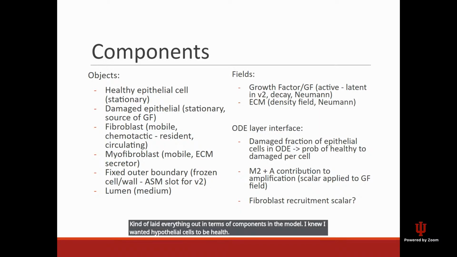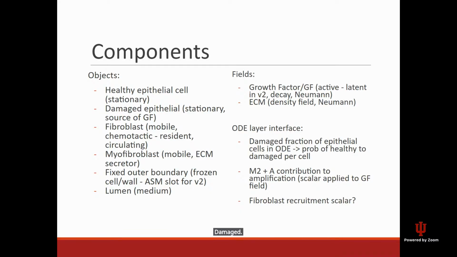I have that in the ODE model, so I needed to figure out a way to have the two talk to each other. I wanted to have damage seeded in the epithelium and the tissue layer based on a signal from the ODE layer, for example. Let me actually just show, I think it helps to actually see the structure here.